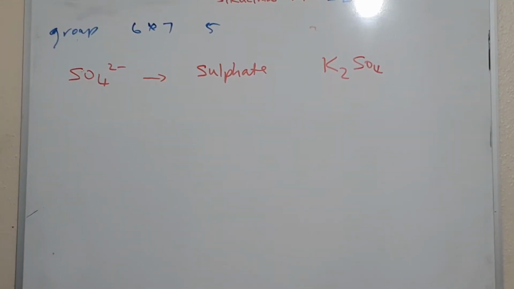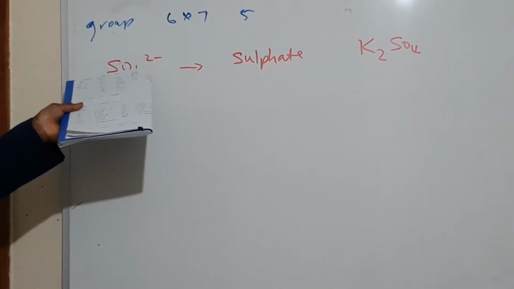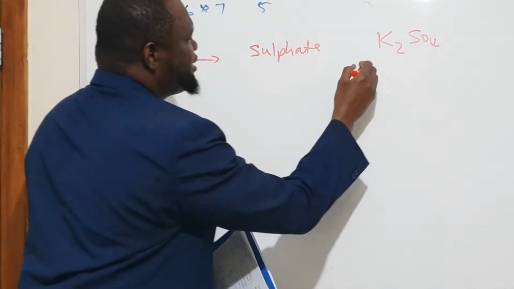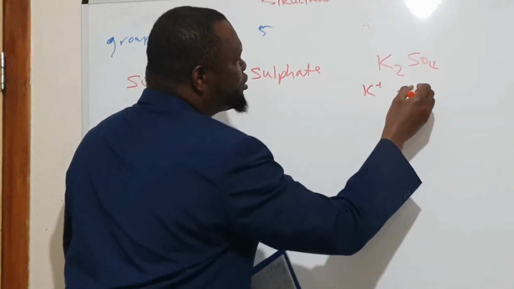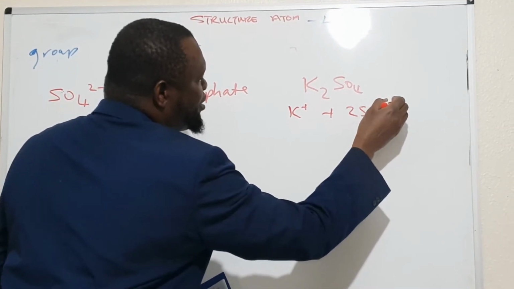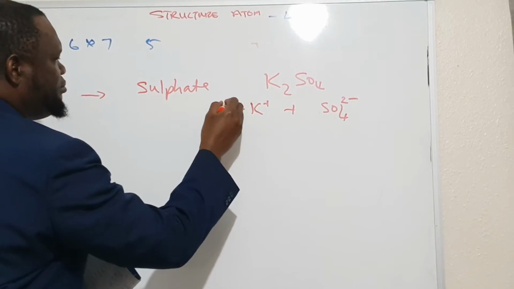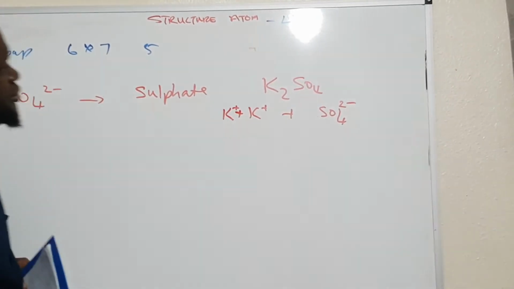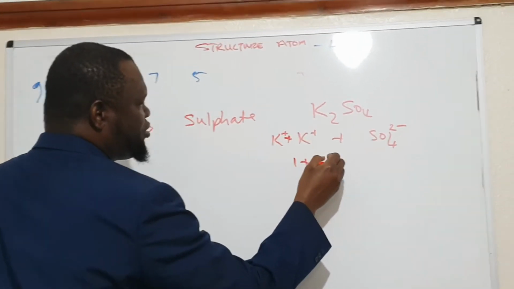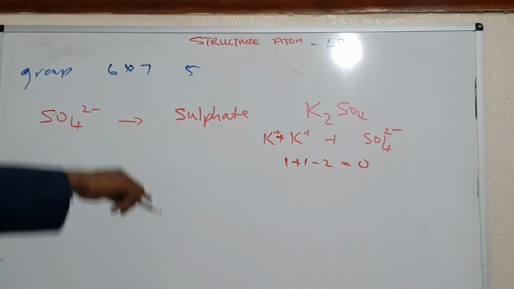Because SO4 is 2 minus, so you need 2 positive. So it will look like K plus, twice, with SO4 2 minus. So 1 plus 1 minus 2 is equal to 0. All compounds must have 0 charge.